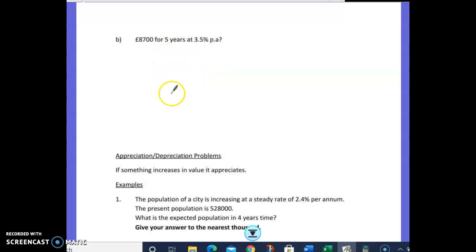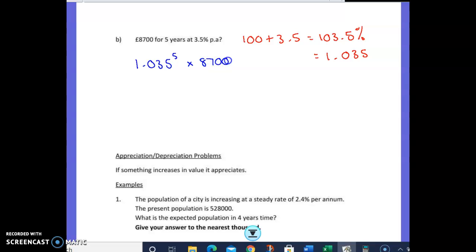£8,700 for 5 years at 3.5% per annum. Again, I start with my percentage. I had 100%. I'm getting an extra 3.5%. So that is 103.5%, which as a decimal is 1.035. Do 1.035, it's for 5 years, we'll do it to the power of 5, and we're investing £8,700.